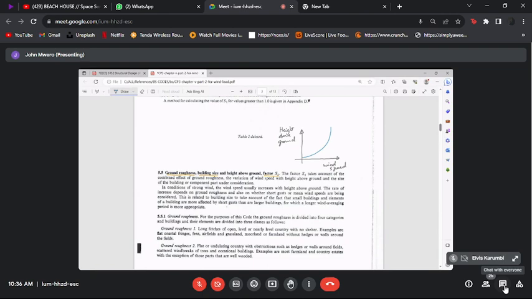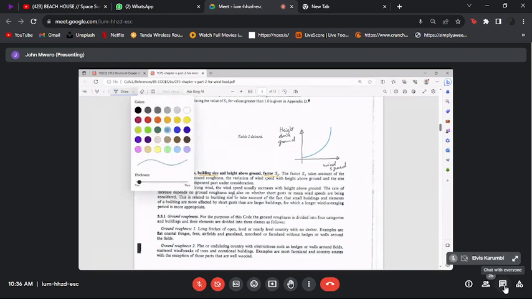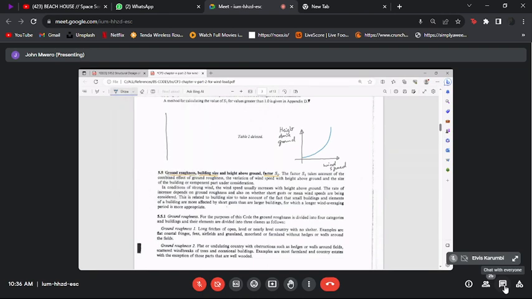So why is this important? If you're designing, say, a building, let's say 50 meters, like our building, okay?